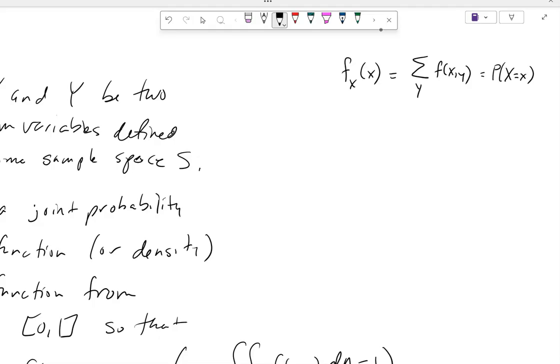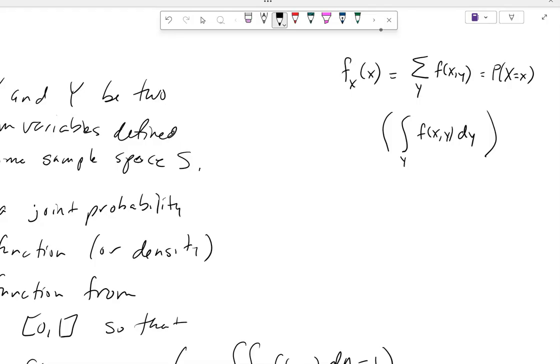That's in the discrete case. If you're in the continuous case, you'll integrate over all of your y's with respect to y. Now that's going to be a density function, so it's not equal to the probability that you're actually equal to x. But it's the same concept.